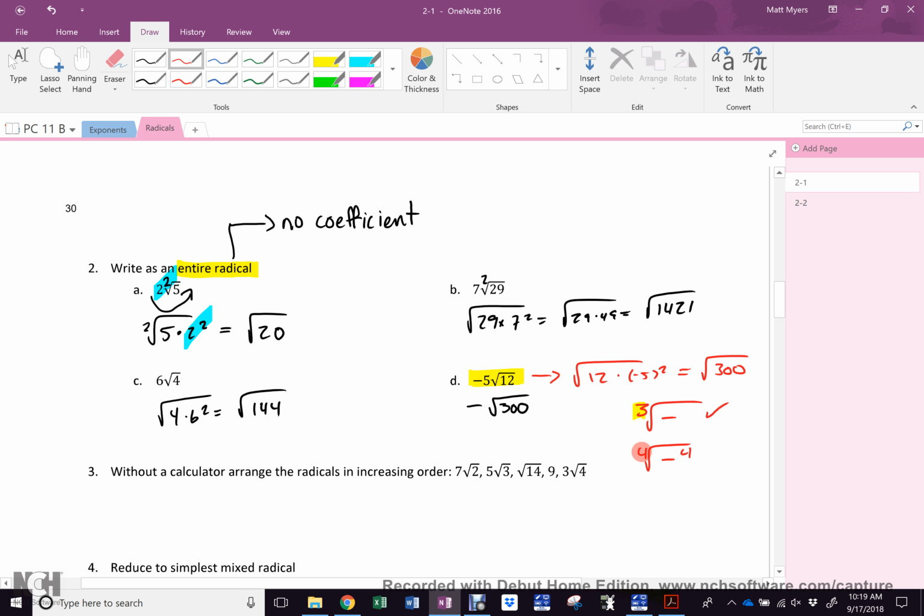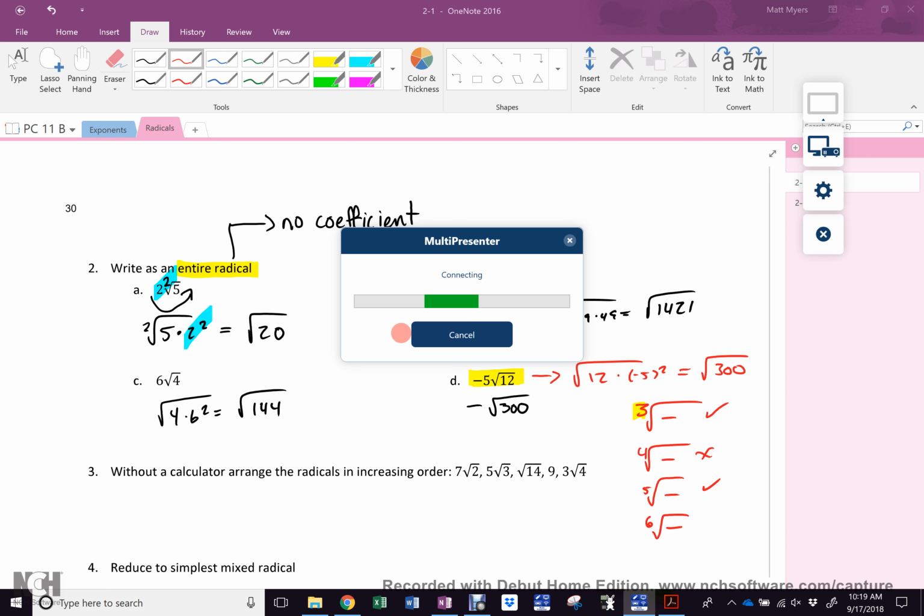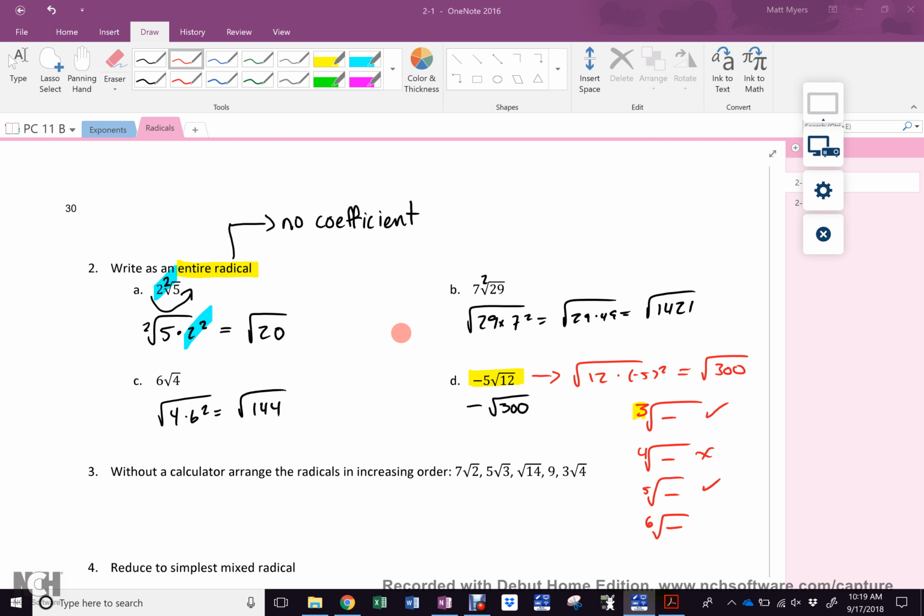So I can't have a 4 under there. That's not cool. Can I have a 5th root of a negative number? Yes. Can I have the 6th root of a negative number? I know it just died. You can answer the question, though. Yes or no? No, because negative, negative, negative, negative, negative, negative is positive, isn't it? So what's the shortcut to remember? Odd exponents will allow for a negative. Odd indices will allow for a negative.